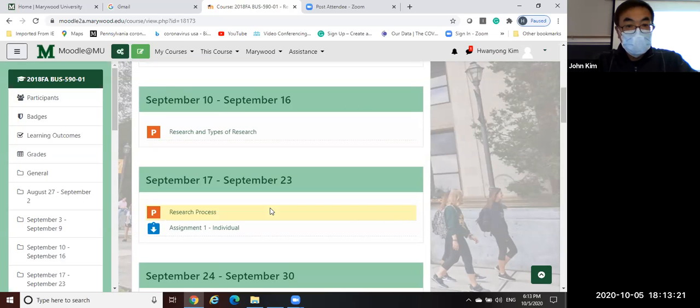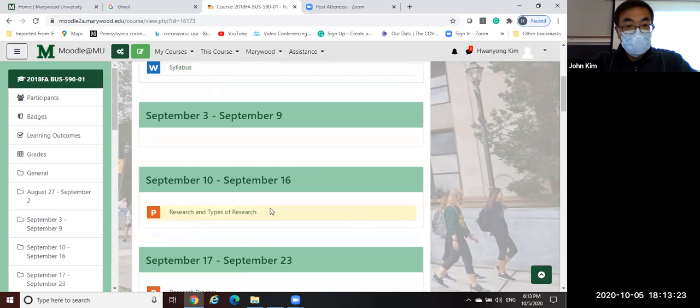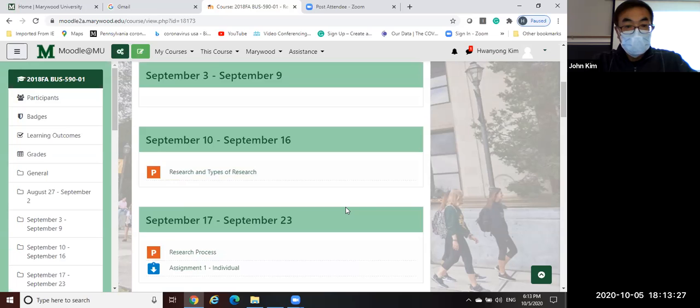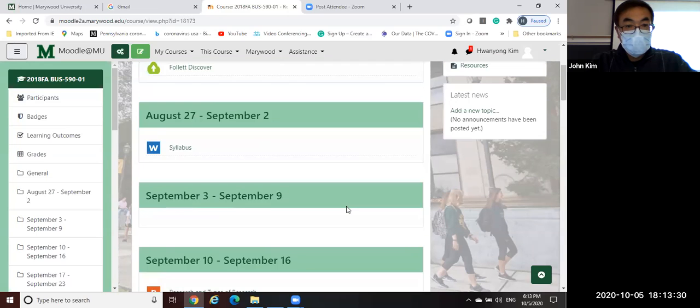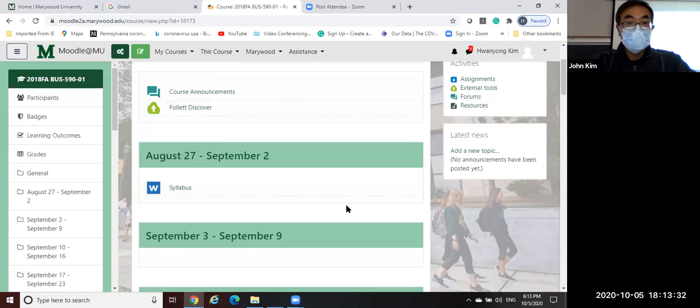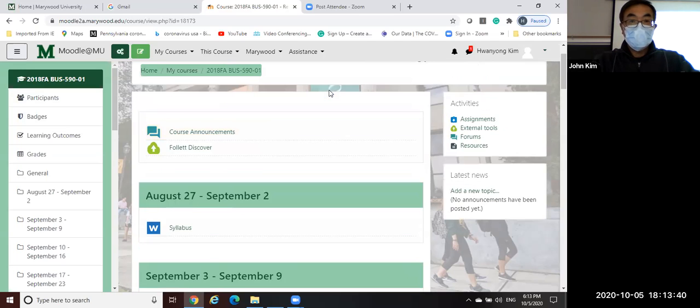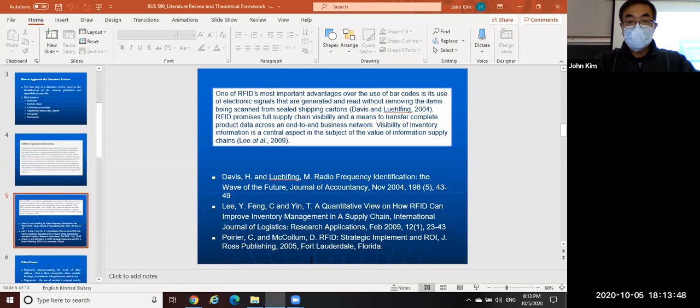But yeah, I will show that, my previous one, somewhere. I cannot find it at this time. Okay, I will show that later. So anyway, the literature review is one of the required parts of a research paper.